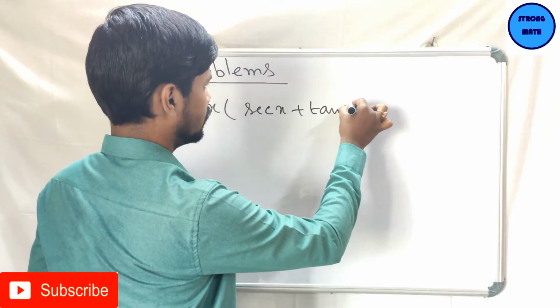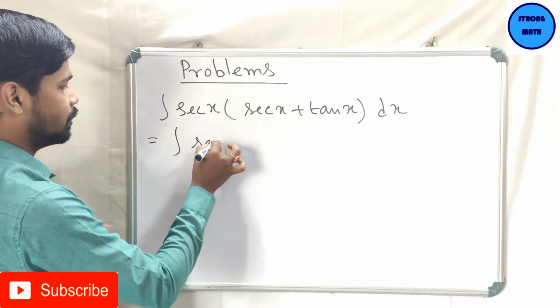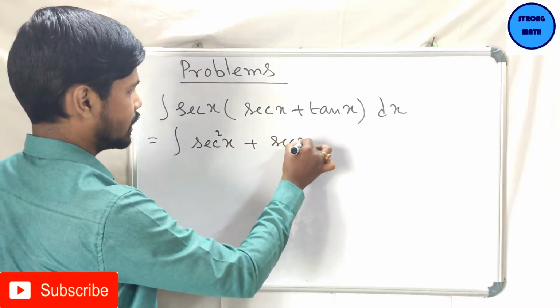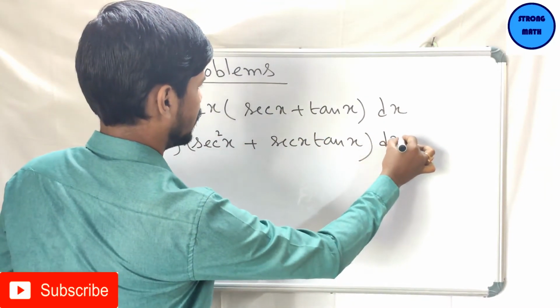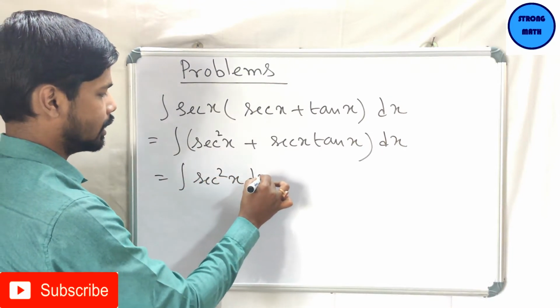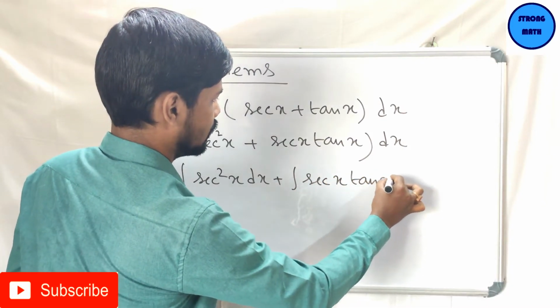Now look at the formula table. At first multiply by sec x, then this will be sec square x plus sec x tan x dx. Now we can separate them. This will be integration sec square x dx plus integration sec x tan x dx.